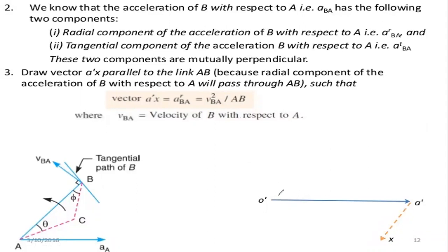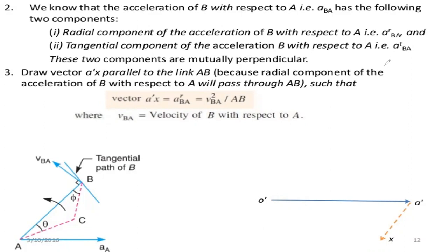So we have drawn the O dash A dash line, which is parallel to the acceleration of A.